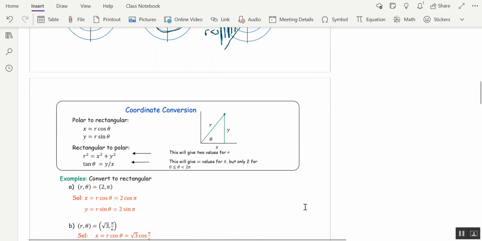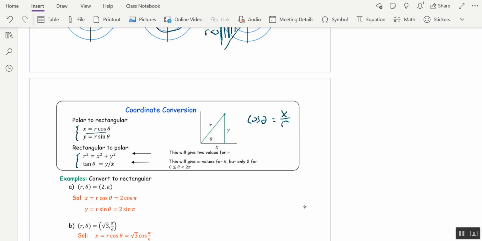Okay, coordinate conversion. There are 4 equations and they come in sets: polar to rectangular, rectangular to polar. The way I remember them is just with a triangle. For example, this first equation, x equals r cosine theta: if you look at this triangle, you can say cosine theta is adjacent x over hypotenuse r, and then solve it for x, and you get the first equation, x is r cos theta.